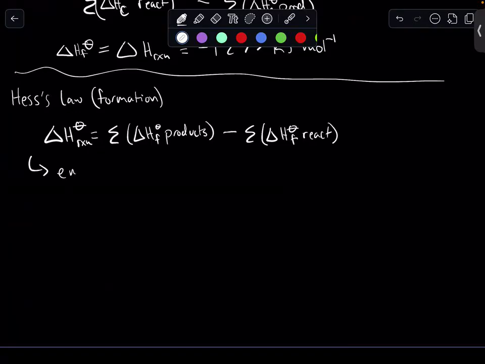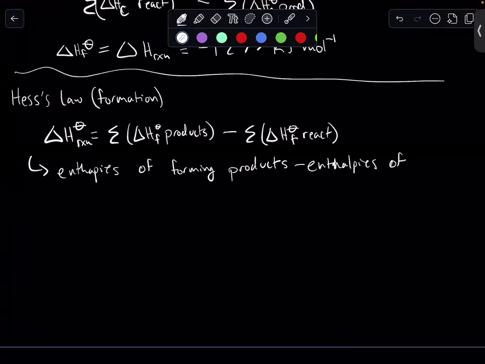Basically, we're saying the enthalpies of forming products minus the enthalpies of forming reactants.